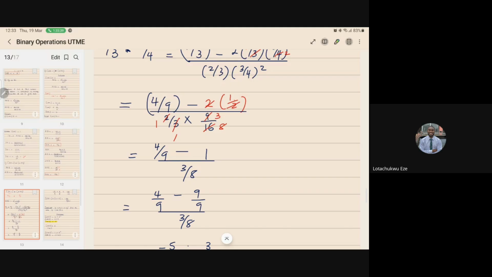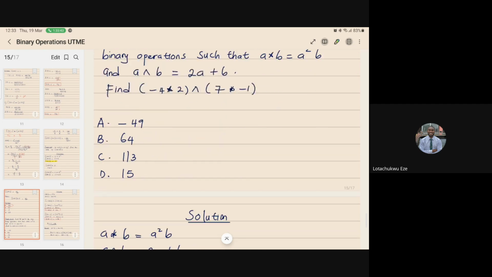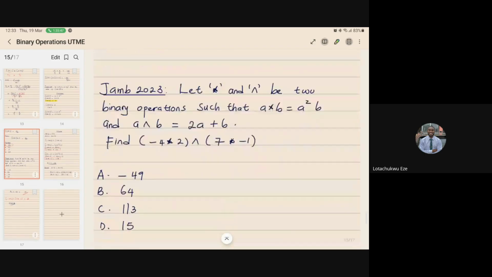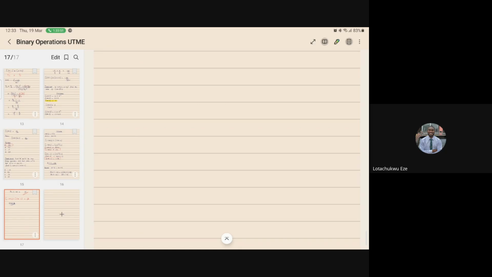So let's look at the next past question, which is JAMB 2024, right? Remember this one is which year? This is 2023. So let's look at JAMB 2024 and see what they've got there. They gave us something quite interesting.